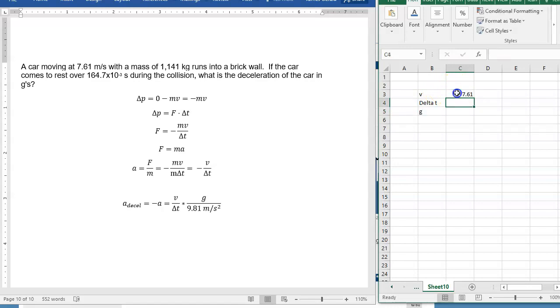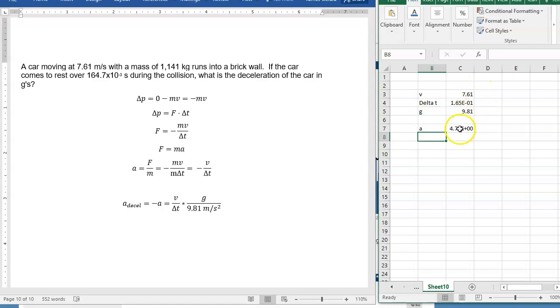Our delta t, 164.7 times 10 to the minus 3. 9.81 is g. And so our deceleration is going to be velocity divided by delta t times 9.81.